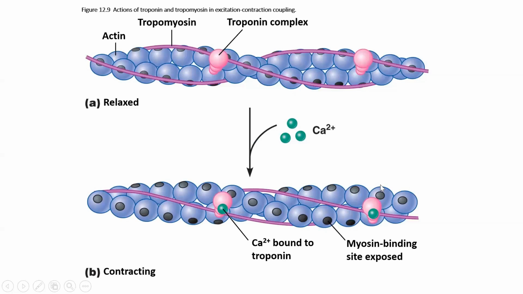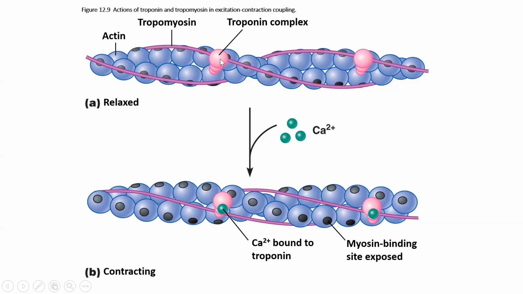Alrighty. So here is what actin looks like in its two states. In its relaxed state, we can see that troponin, which is one of these regulatory proteins associated with actin, does not have calcium bound onto it. And I keep describing this relationship here. Remember, troponin has three binding spots.